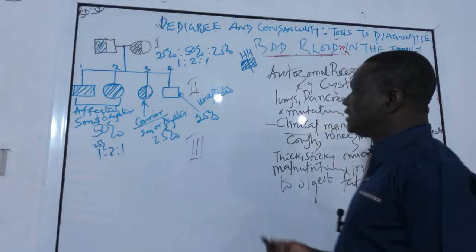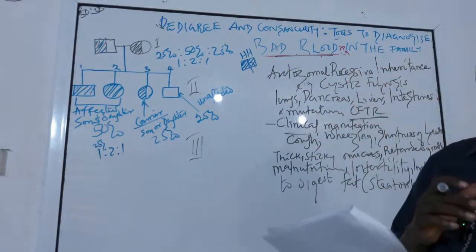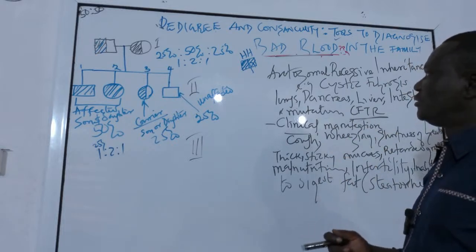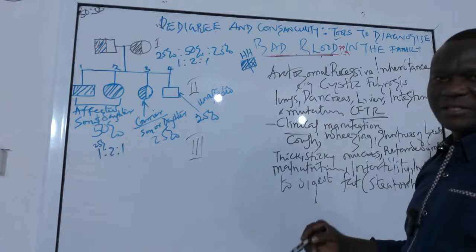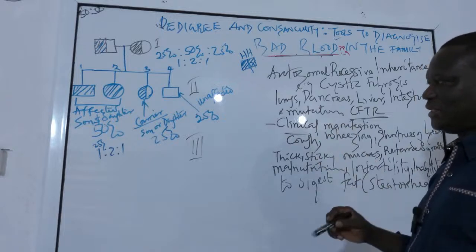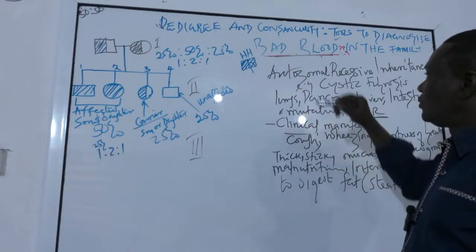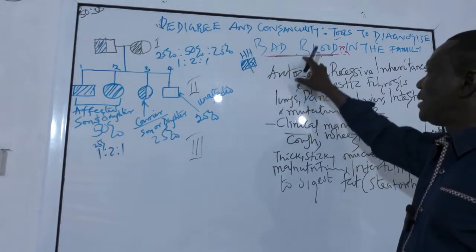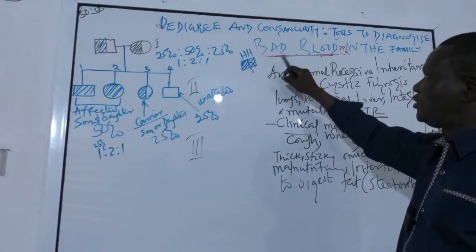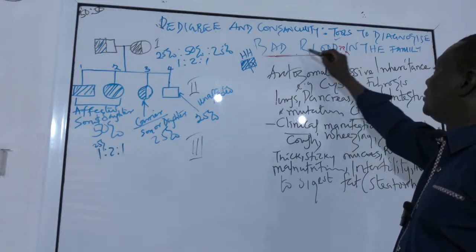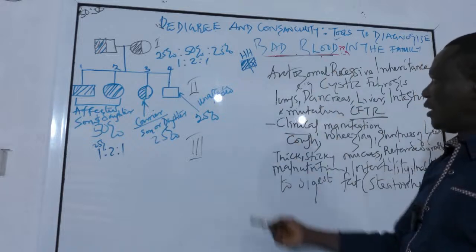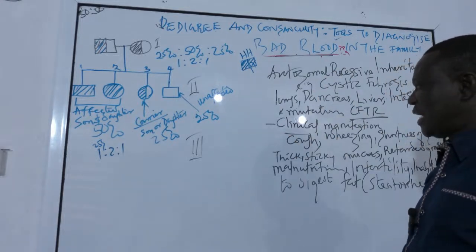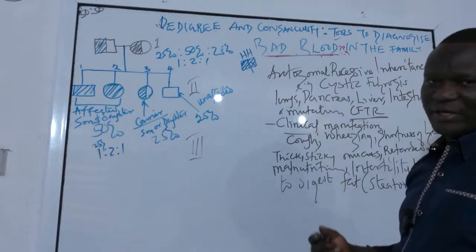So that's why we said the pedigree is one of the symbolic representations of inheritance patterns, traits, or any disease, which here I call bad blood. Why I'm focusing on diseases is just because I titled it bad blood. That means the gene that is already affected as a result of genetic infection.